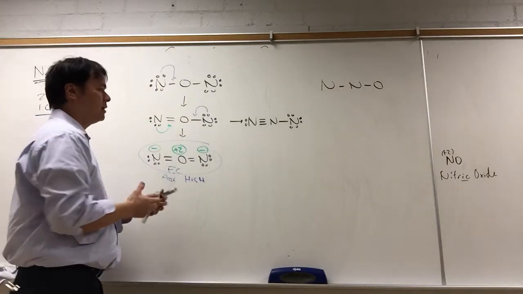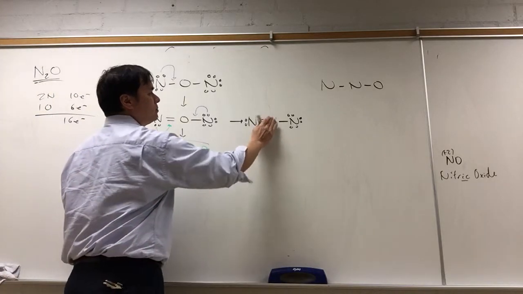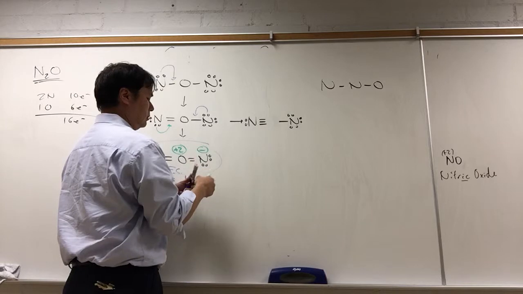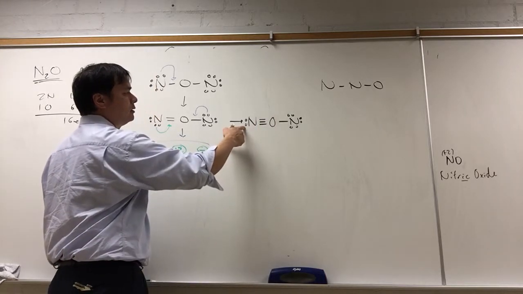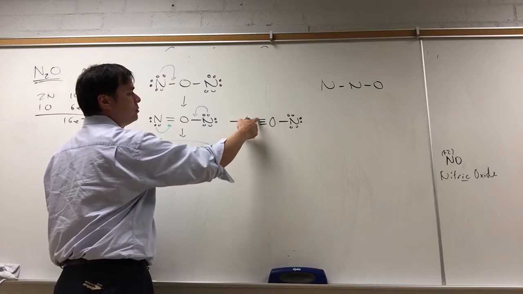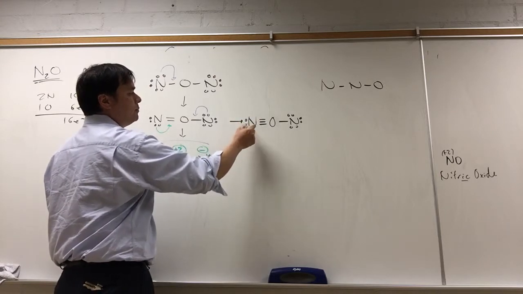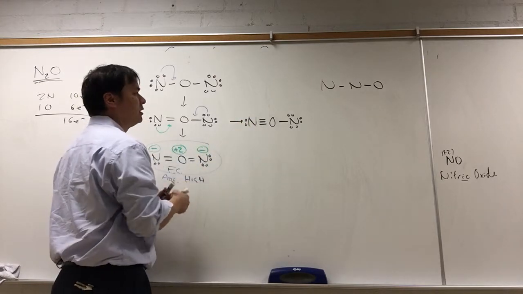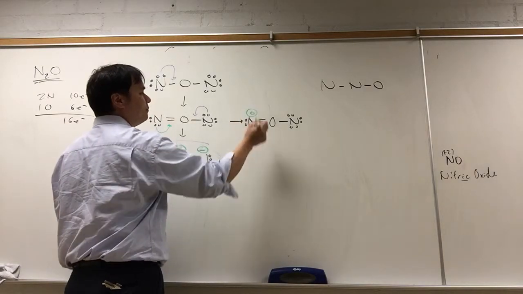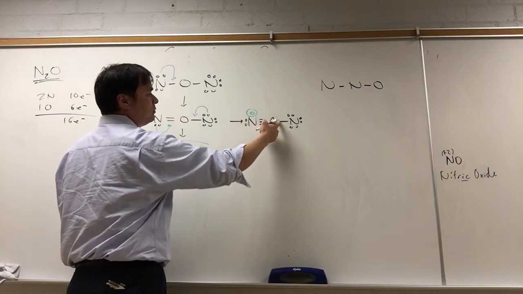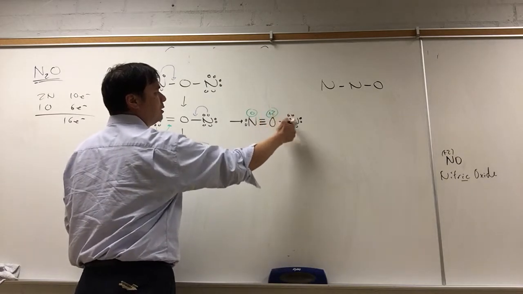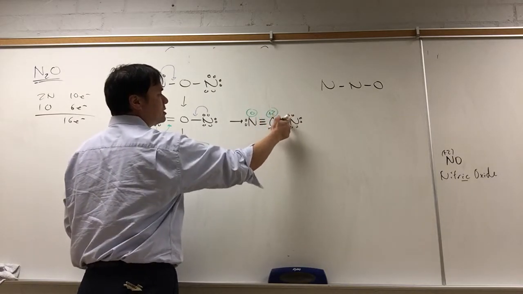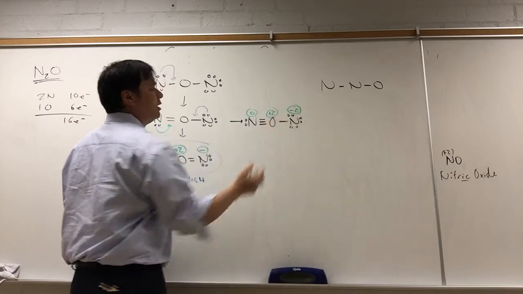Looking at this, this should be an oxygen here. I got 1, 2, 3, 4, 5. So the formal charge is better on this nitrogen because it's a 0 now. 1, 2, 3, 4. This is still +2. And 1, 2, 3, 4, 5, 6, 7. This is -2. How does this look?